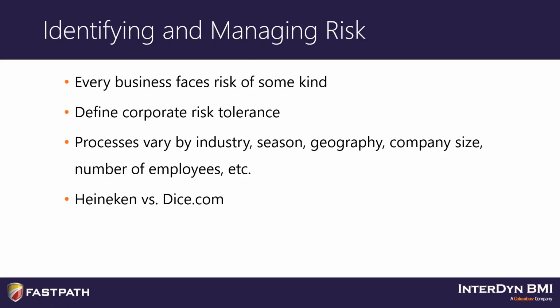Every organization faces risk of some kind, from the tiny little 2-person organization, Bob's Bait and Tackle, to the huge multinational, thousands-of-employee organizations, right? Every business has faced risk. So you have to define what your risk tolerance is. What are your riskiest areas, okay, and what your tolerance or appetite for risk is.